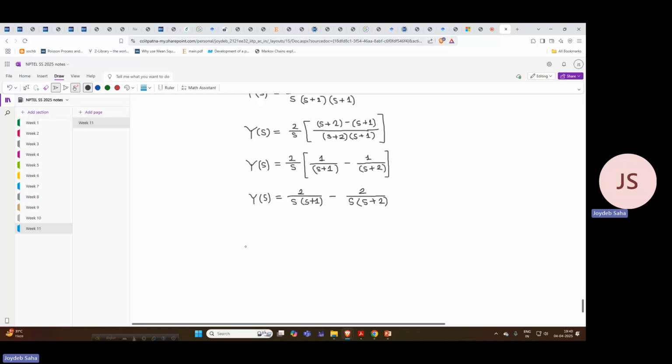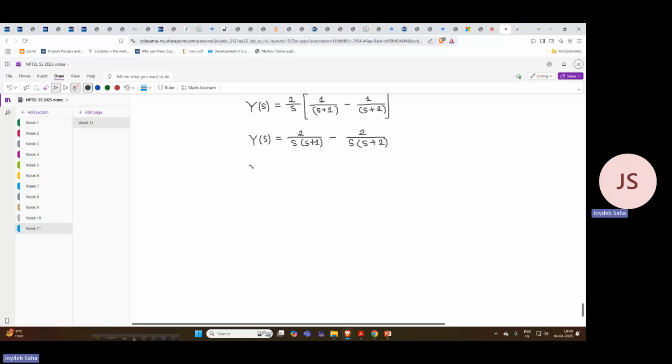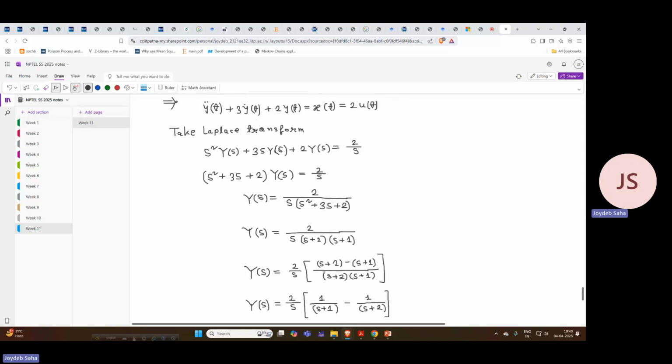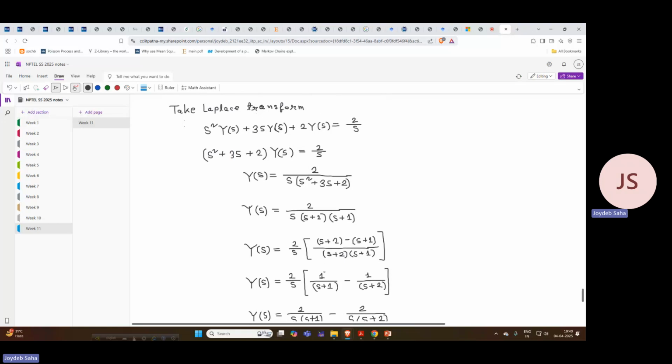Now again we can write Y s is equal to, okay, fine, first you people try to understand this question, take 1 or 2 minutes. Try to understand this portion. Then we'll proceed. If there is any doubt or any query, please ask. Take 1 or 2 minutes and try to understand what we have done till now.